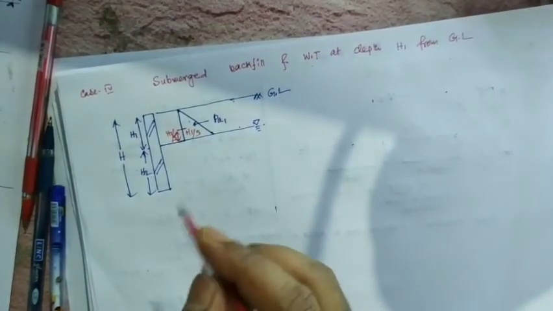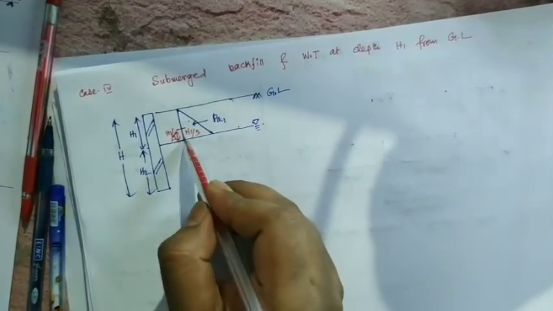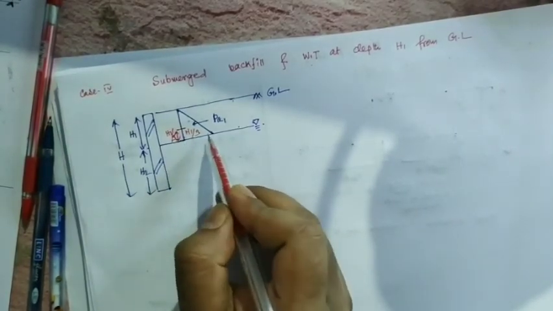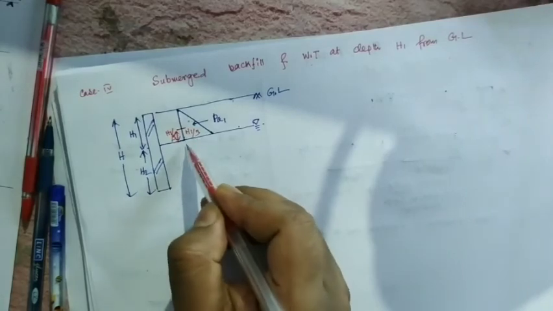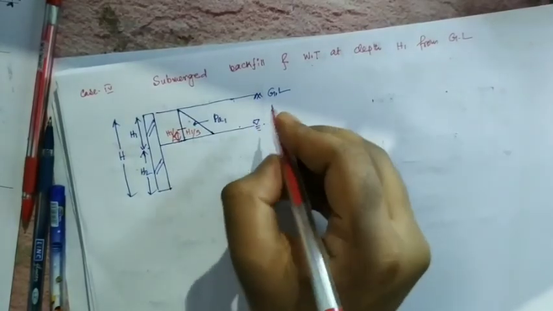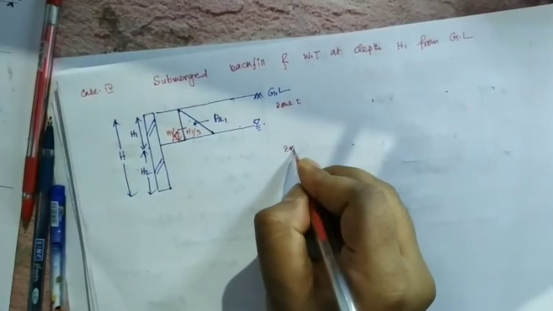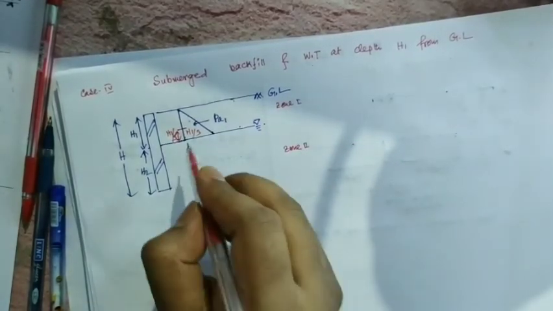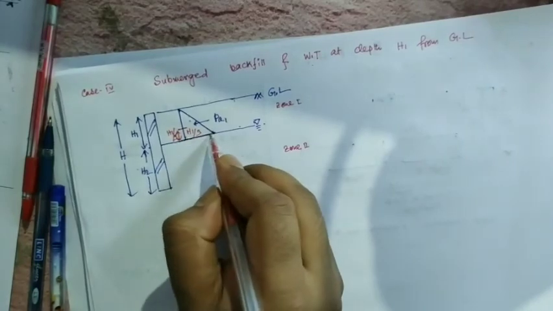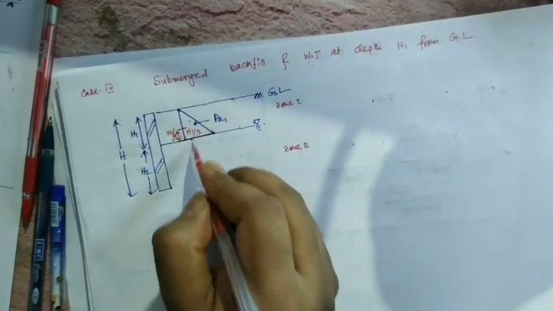Now look, this pressure will continue through zone 2. Suppose I name this zone 1 and this zone 2. So this pressure will continue through zone 2 also, that means when the water table is also present.